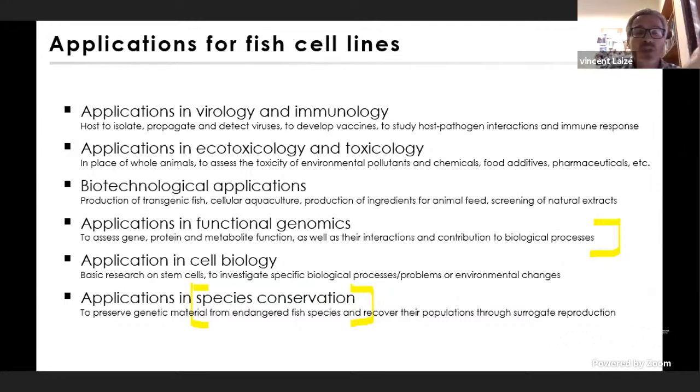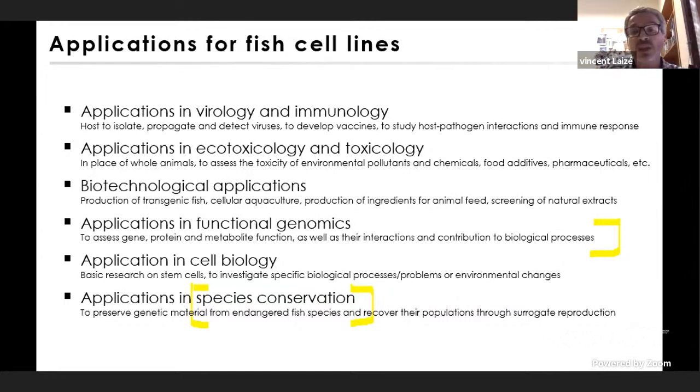You would, for example, have some cell lines from primordial germ cells, and you would just cryopreserve them until conditions are right to recover these cells, and maybe using surrogate reproduction to restart the production of a population of these endangered species.